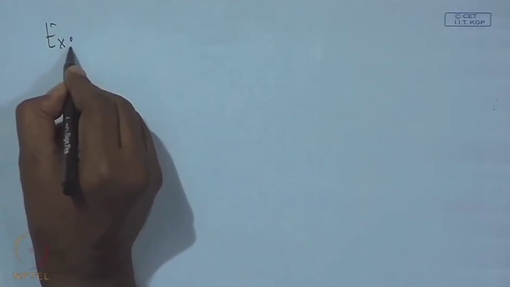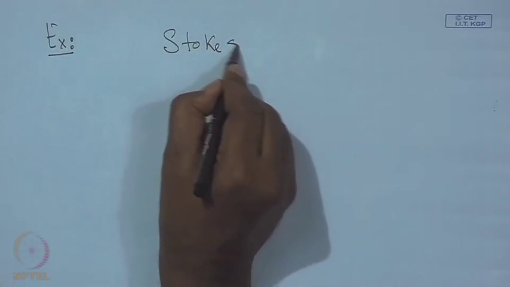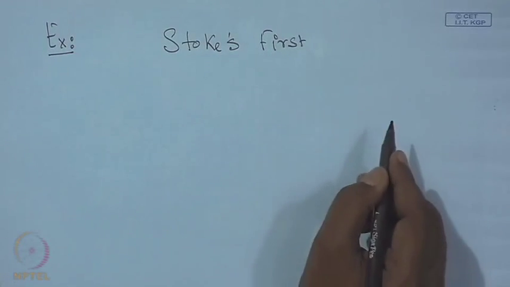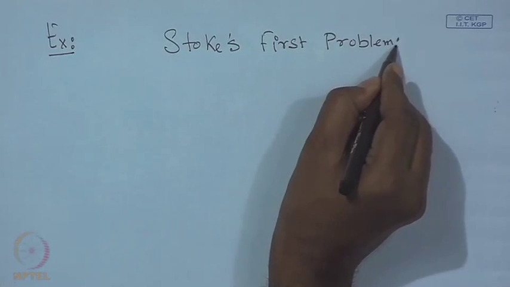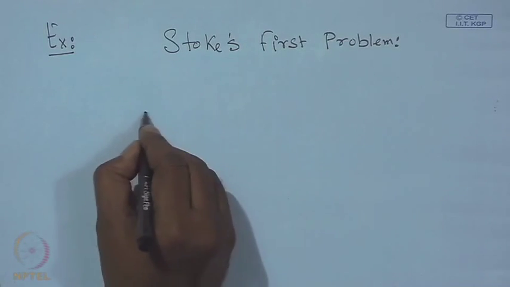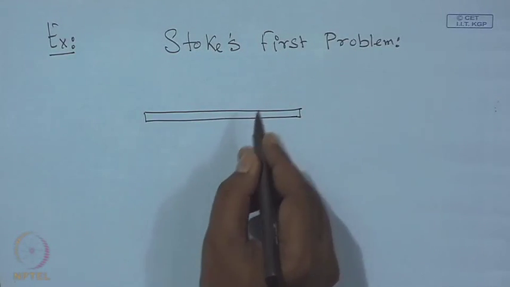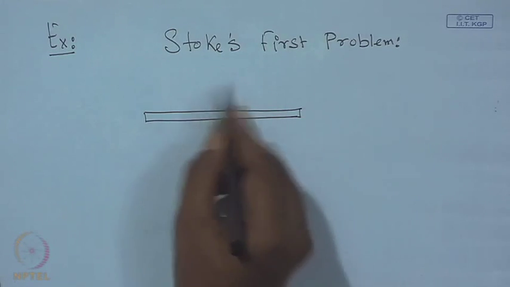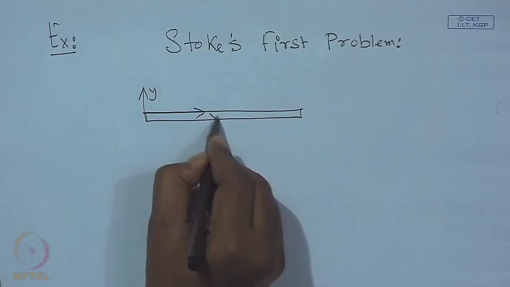We will be taking up an example. The first example we will be talking about is the Stokes first problem. In this problem there is a pool of stationary liquid and we keep a plate at time t equal to 0 in the pool of stationary liquid. This is the y axis, this is the x axis.